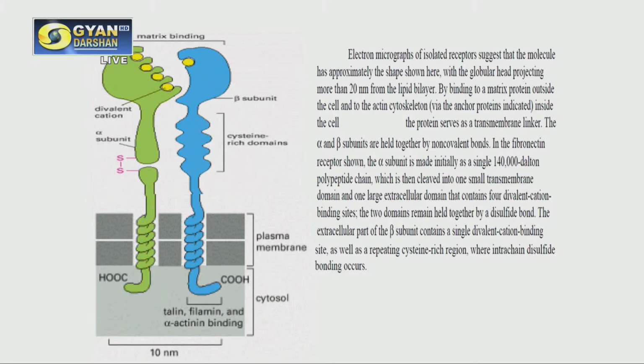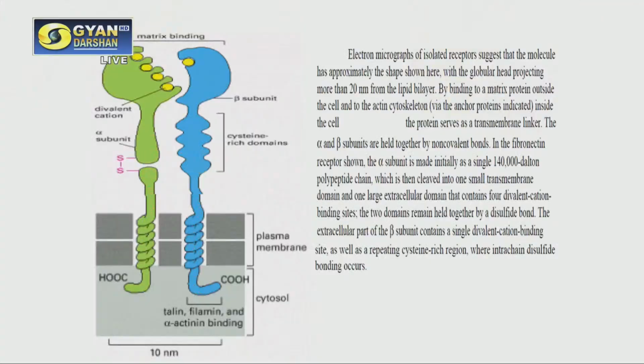These are some of the proteins that help bind the integrin to the cytoskeletal elements. So integrin is also important, because if integrin is lost, then again the same situation will occur, that is the cell and the ECM attachment will be lost. So that is all that I had to discuss today.